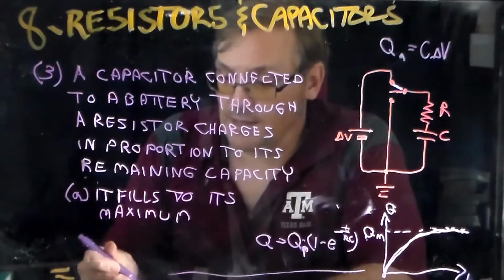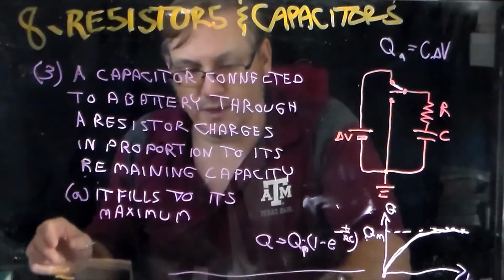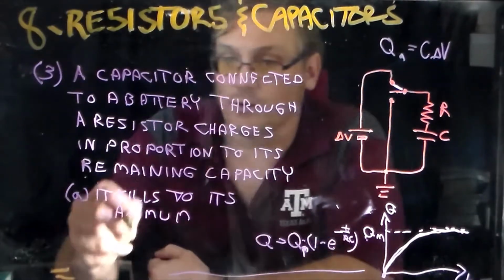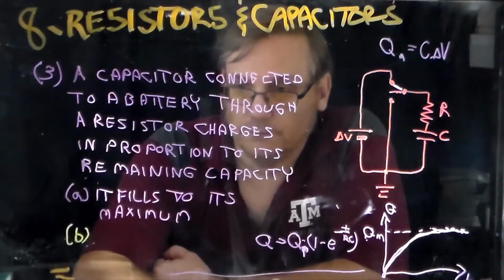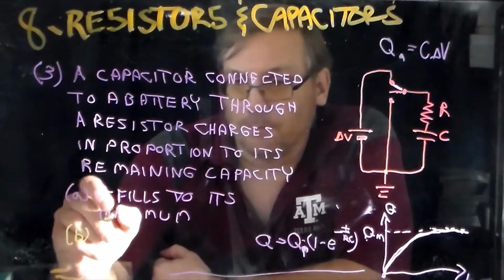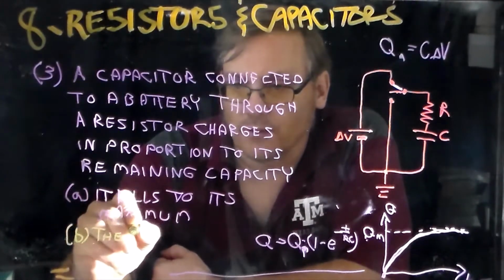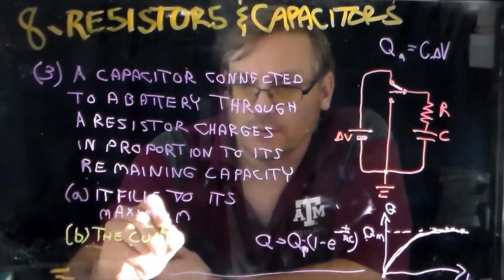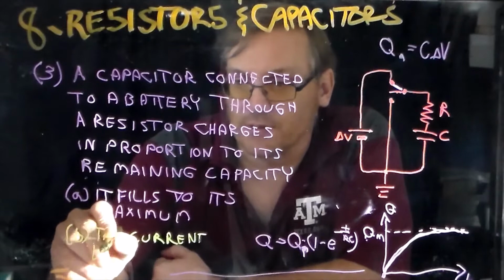And then B, we have to think about that current. We thought about the current last time. We have to think about it again. So what's going on with that current? The current now exponentially decreases.